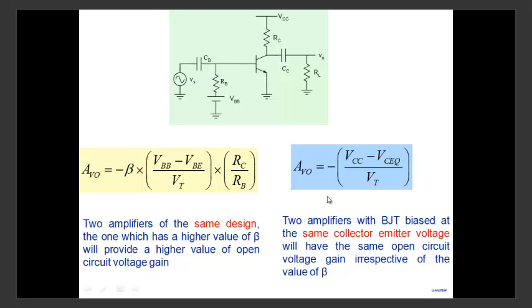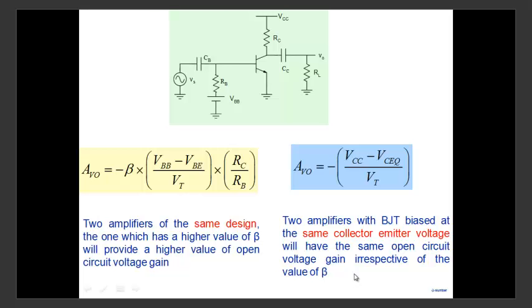Is beta important for my amplification or not? You remember we are saying that all amplifiers' properties depend on the biasing point. Now I'm saying two amplifiers, if I bias them at the same collector emitter voltage, will have the same open circuit gain, doesn't matter what beta is. Obviously, if I take a transistor and bias it at different ICQs, different VCQ, it will have a different gain.